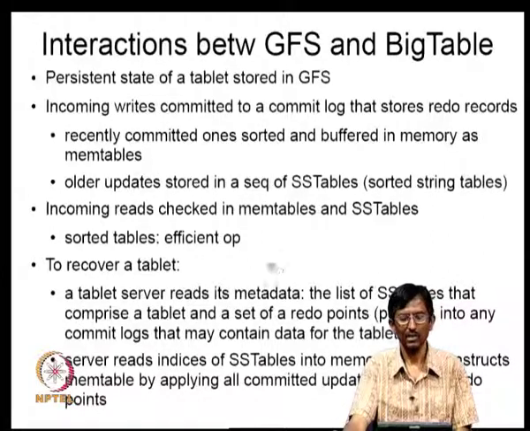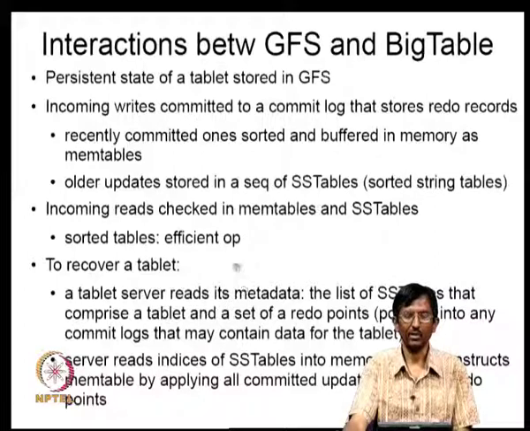Again, if there are any failures, the persistent state is sitting in the GFS. Basically, the tablet server has to read its metadata, which is a set of those updates stored in SS tables, the ones which have been made persistent.